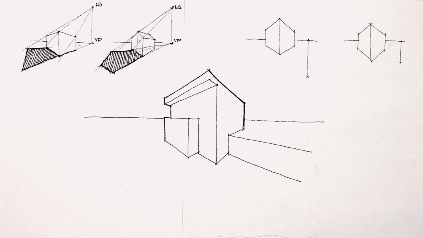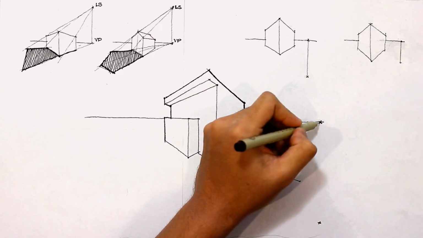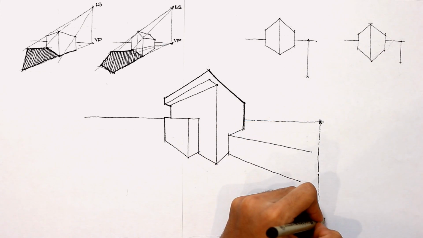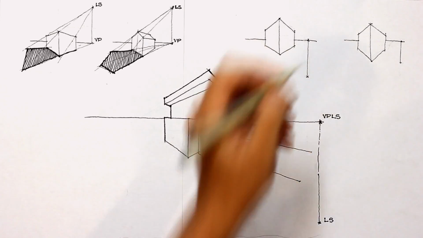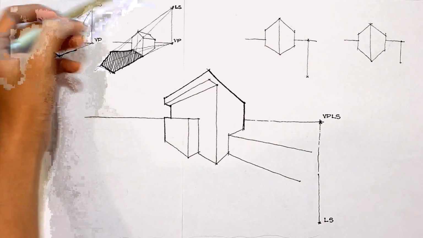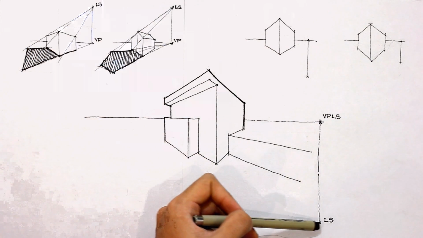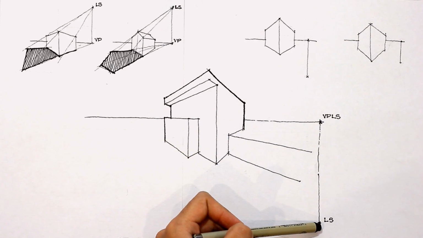The first step of the process is to identify the location of the light source and also the vanishing point for the light source. Compared to the previous video, the location of the light source is inverted, where this one is located below the horizon line.